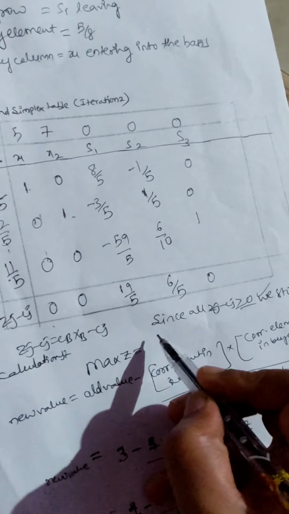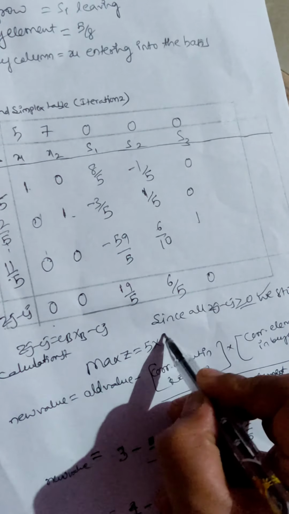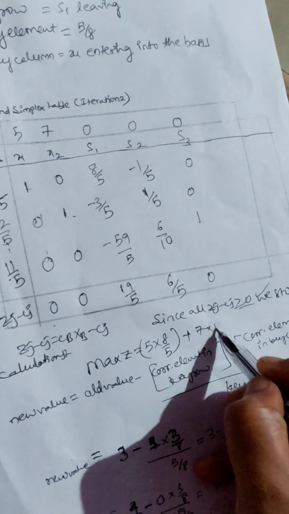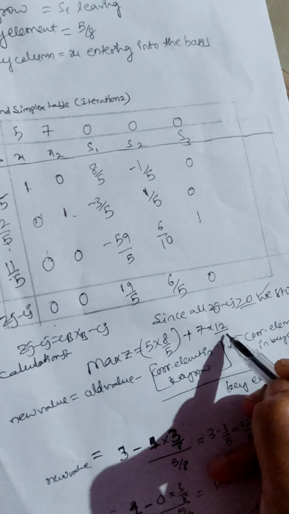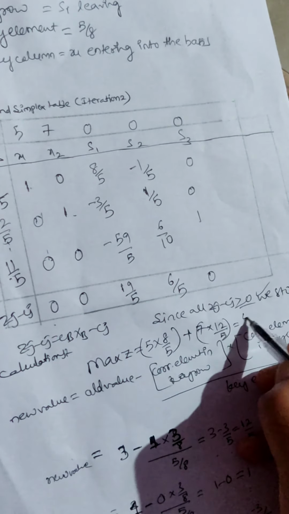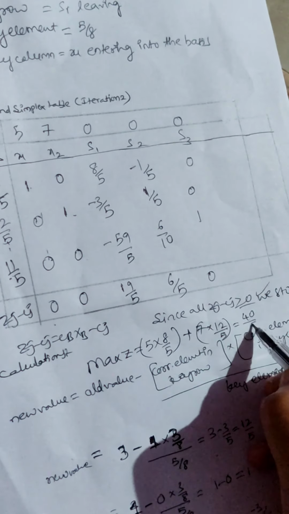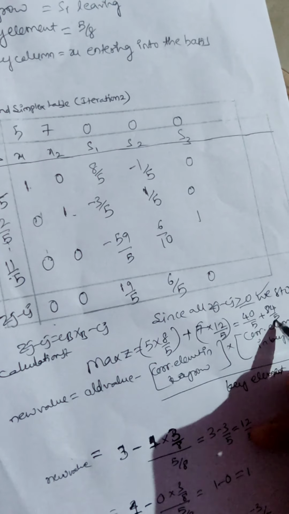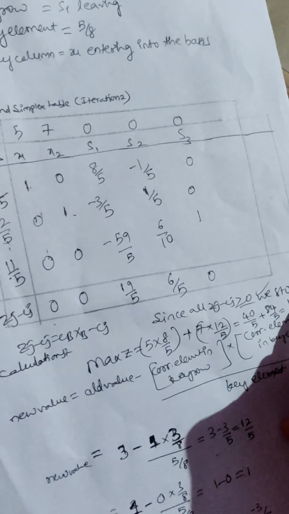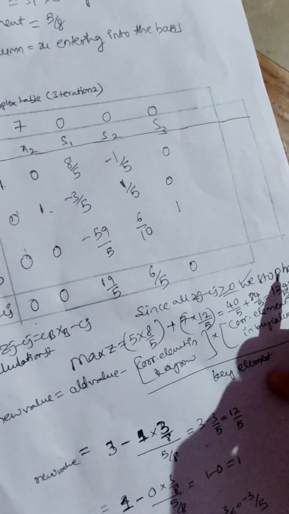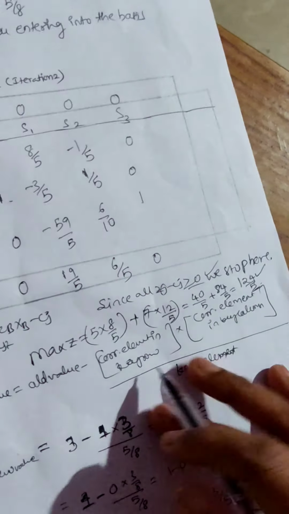Max Z equal to 5 into 8 by 5 plus 7 into 12 by 5. The value is 40 plus 84 by 5 equal to 124 by 5. So my optimum value is 124 by 5.